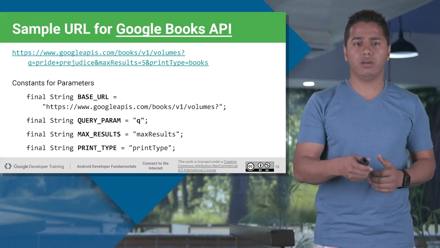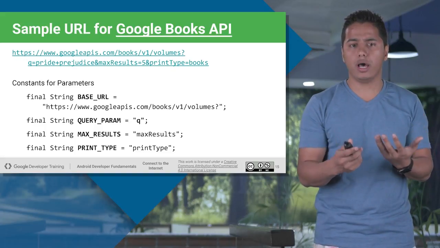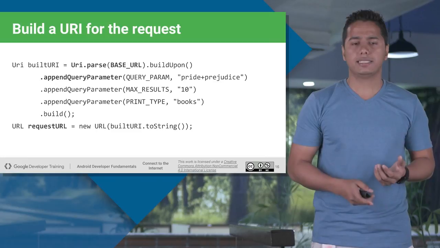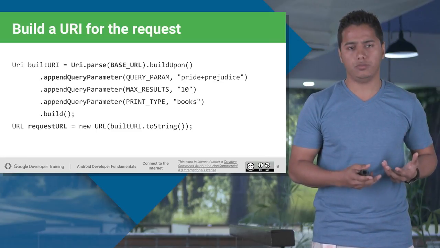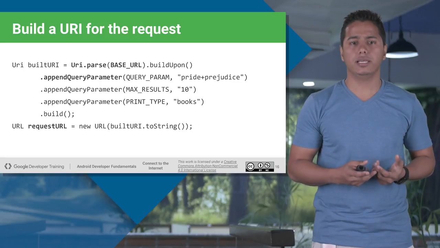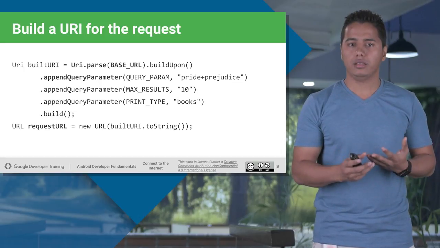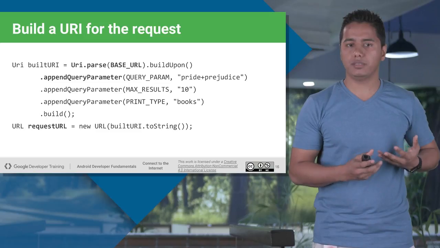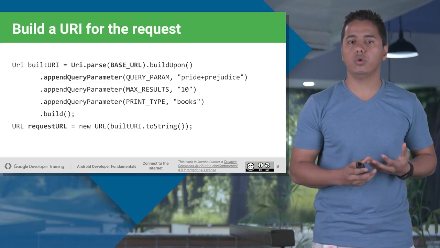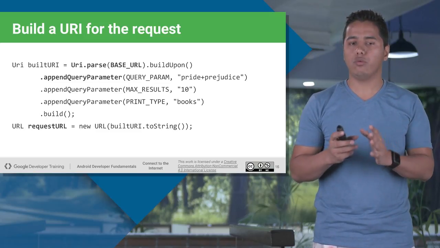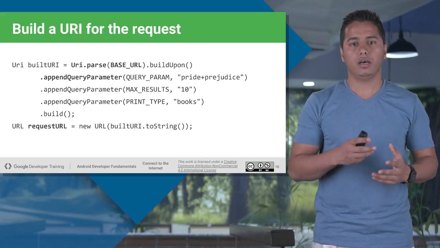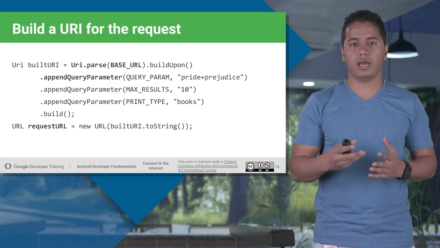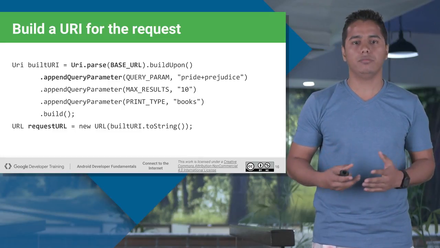How exactly can I provide the values and build the whole URI, or the whole URL itself? That's how I can build the whole URI. I will create a URI object by using the Uri class, and then I will append whatever parameters I passed before. Query param was denoting q, and in q I want the value pride plus prodigious. In the same way, for maxResults I want 10, printType books.